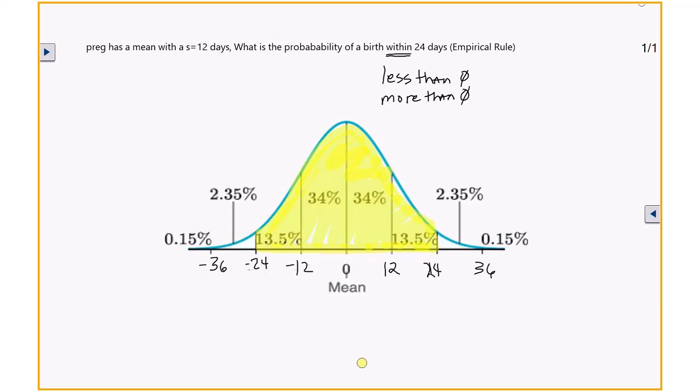If you've got within, what's the normal thing that people do when I say within 12 days? They'll say 34%. Because we think of positive. We don't think of negative. Okay, we generally think of positive. Nobody ever walks around and says, well, I think that would be probably negative 12 and plus 12. No. Most people, when you say locate 12 on a number line, a distance of 12, most people will go to the right.